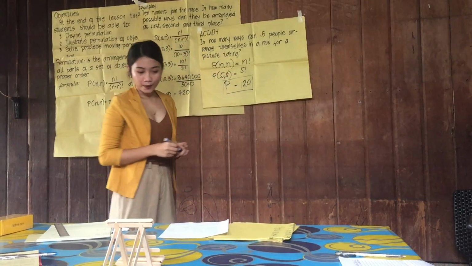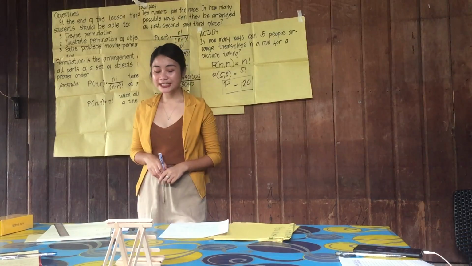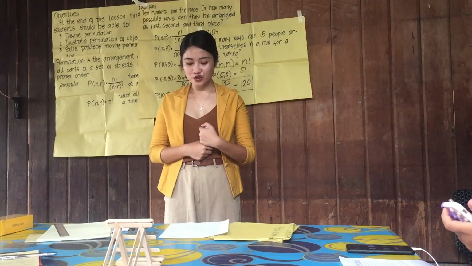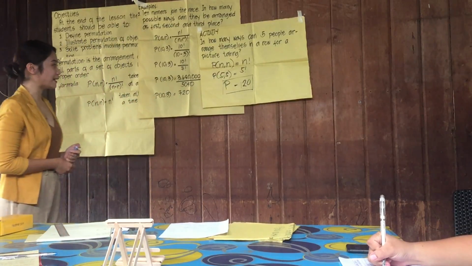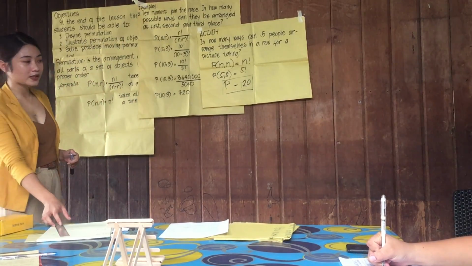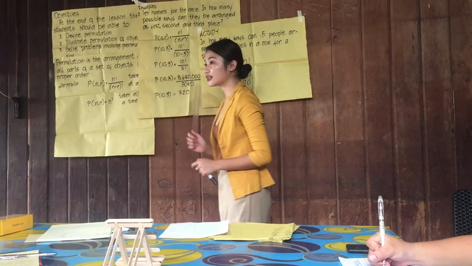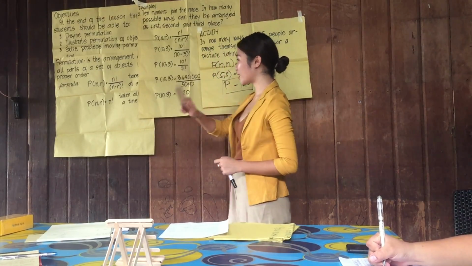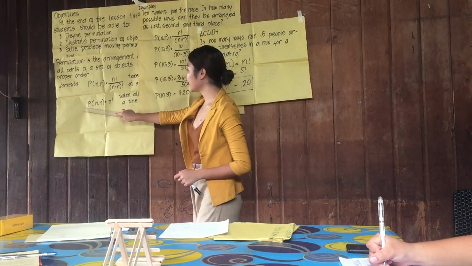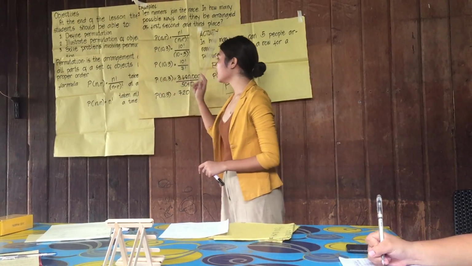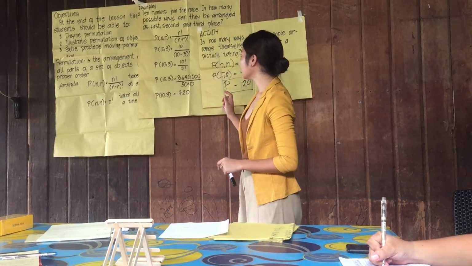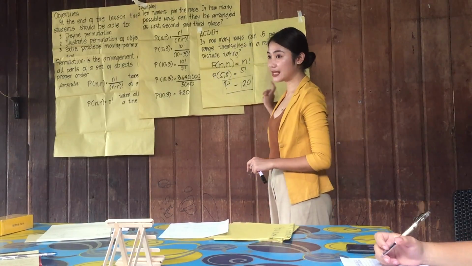120. Did you understand? Yes, ma'am. Now, how do you solve for n permutation taken at all time? What is the formula we will use if it is taken at all time? Okay, very good. P(n,n) is equal to n factorial. It depends on the given problem.